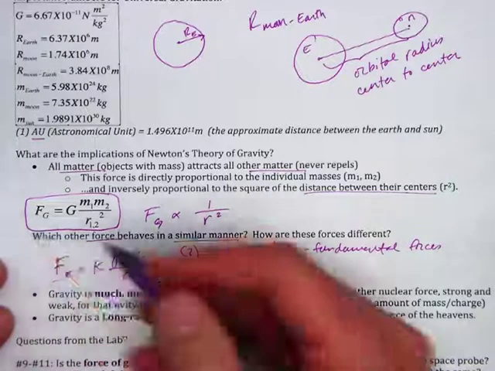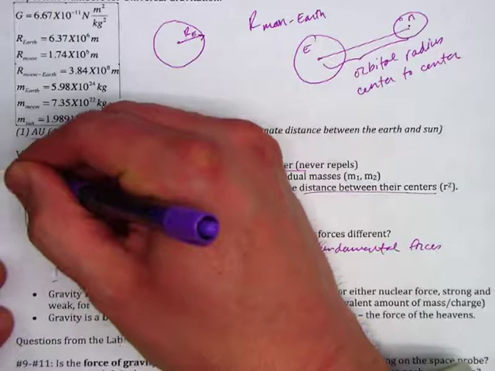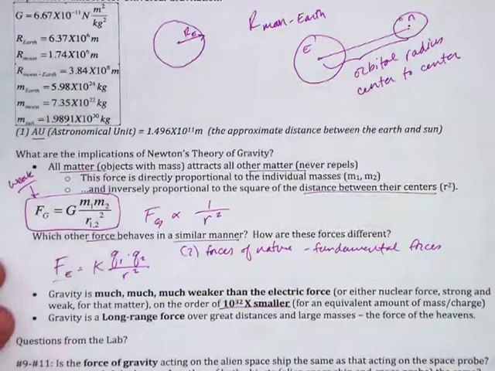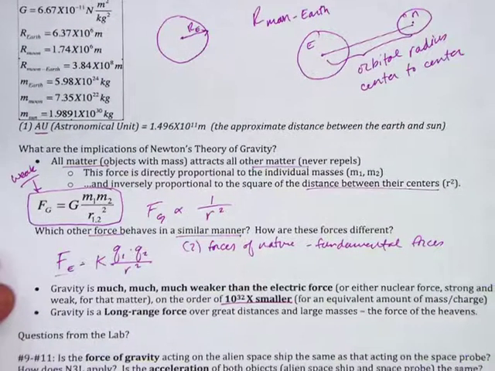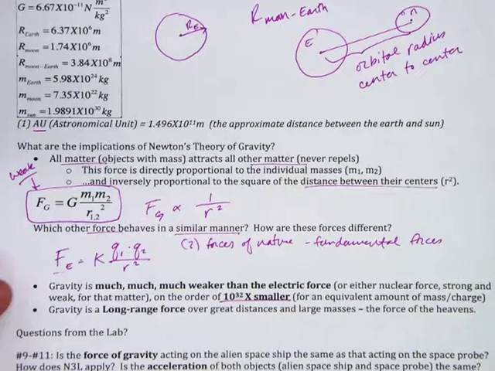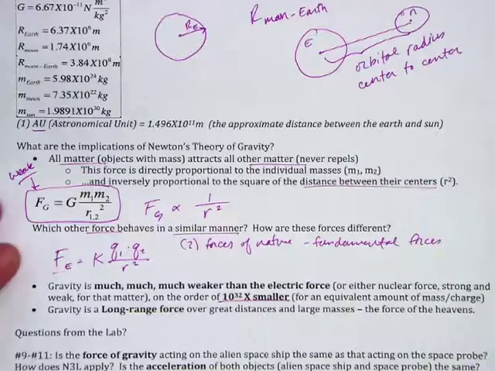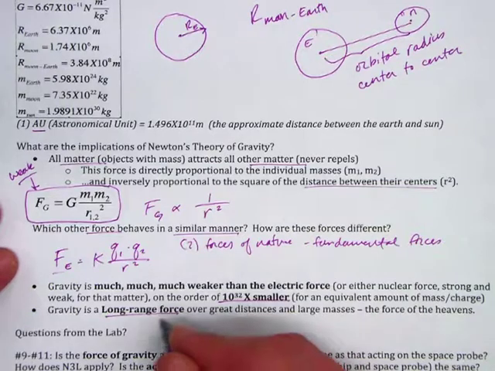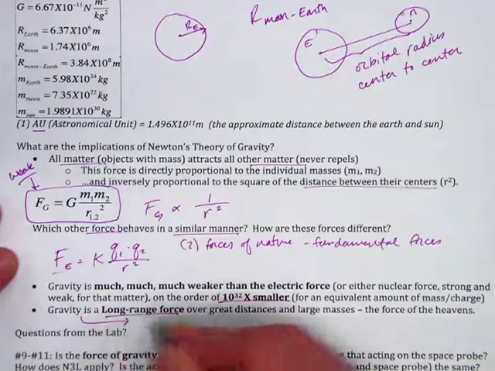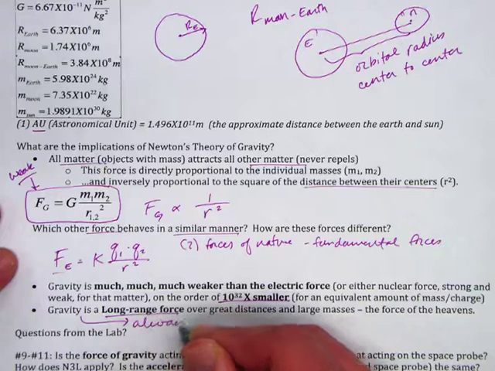So gravity is a very weak force, especially along small distances. But what happens over large distances, like the scale of the solar system or the scale of the universe, is that gravity takes over. And it has to do with the fact that gravity always attracts.